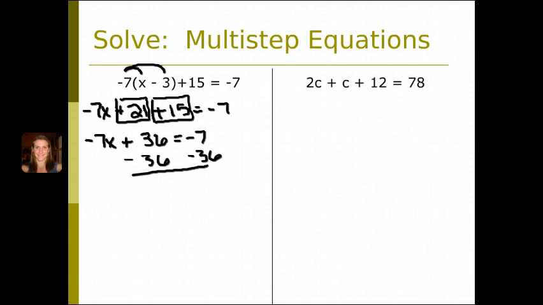I'm left with negative 7x equals negative 43. In order to complete this problem, I need to divide both sides by negative 7.